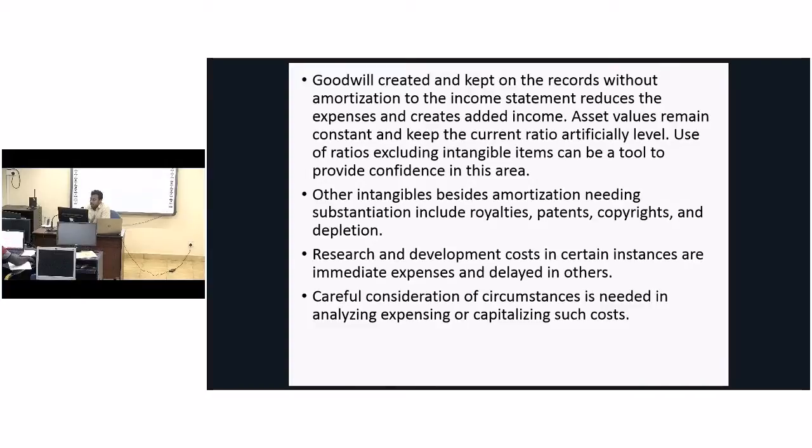In that case, what happens? The amortization period will sometimes depend on a kind of estimate. Also, you have to test it for impairment. If you don't amortize it properly, what will happen? Your expense goes down. And if you see that there is no decrease of recoverable amount, sometimes you will not recognize any impairment loss.